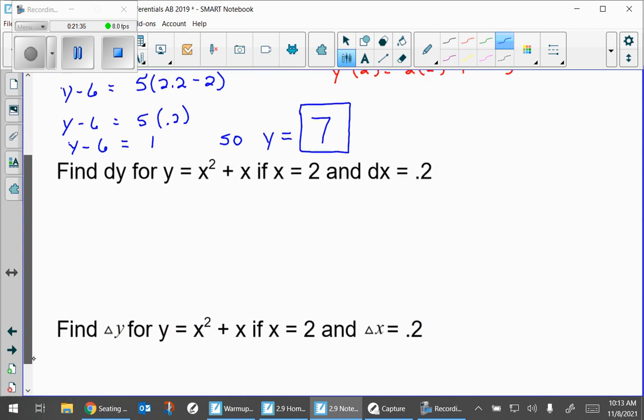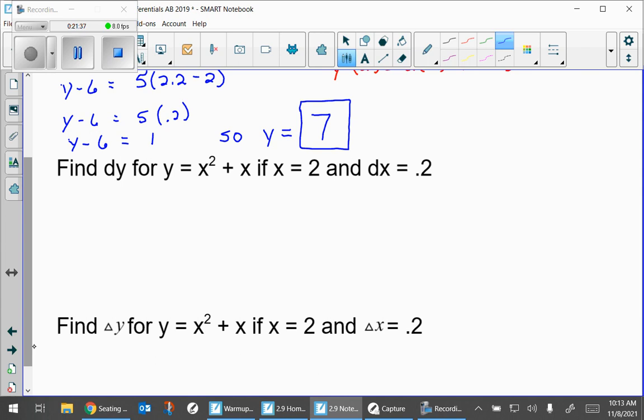Good. Now let's do a dy. In order to find dy, what am I going to have to do with my equation right here? Anybody? Find the derivative of y. I would call it dy/dx.